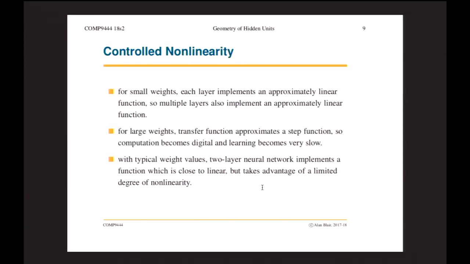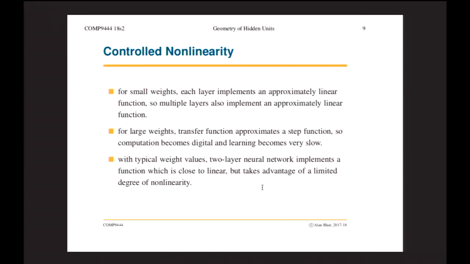Now, as the weights get a little bit bigger, you start to get more and more non-linearities. If the weights are too big, you get out into this region where everything is extremal.